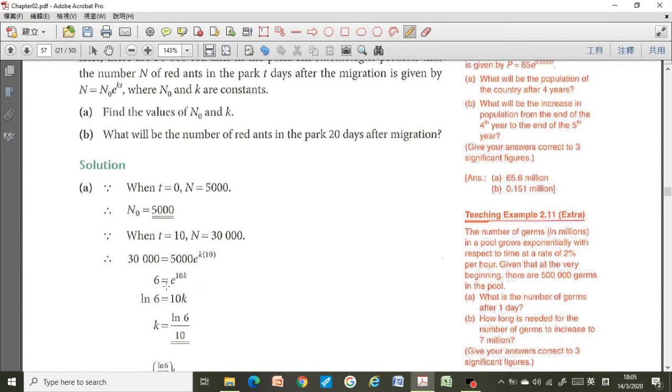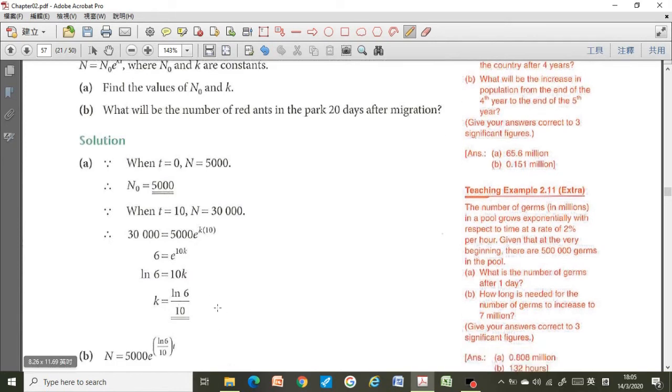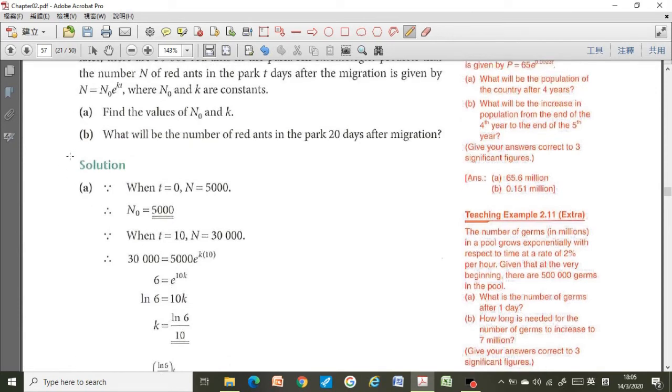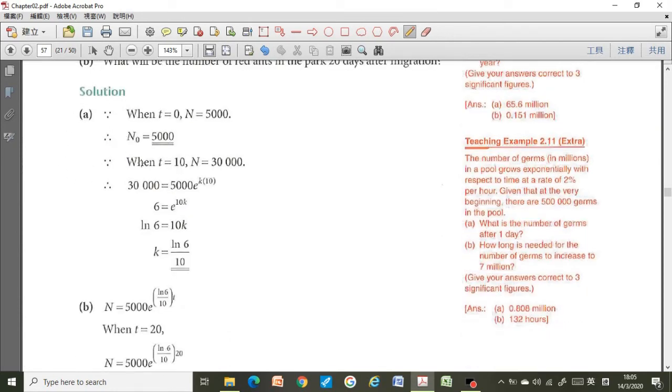If you want to solve it, you must take log on both sides. So log 6 is equal to 10k, and solving for k will get log 6 over 10. So you can put log 6 over 10 inside the expression to get N with 5,000 e to the power log 6 over 10 times t. Make sure you make a bracket here, because the t will be a separate symbol for calculation.